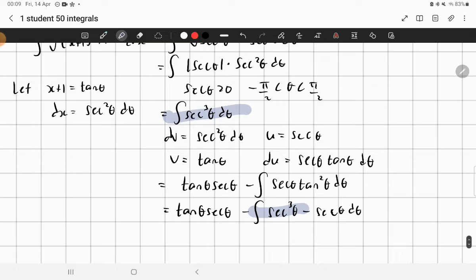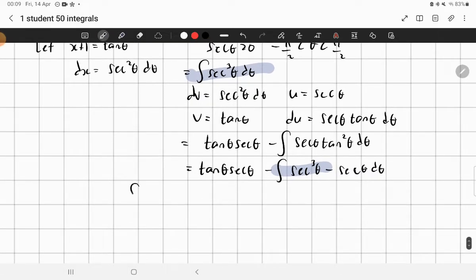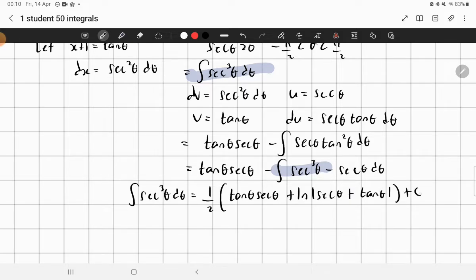By rearranging them, you're basically getting this particular integral, secant cubed theta, will be 1/2 tangent theta secant theta plus ln secant theta plus tangent theta plus c.